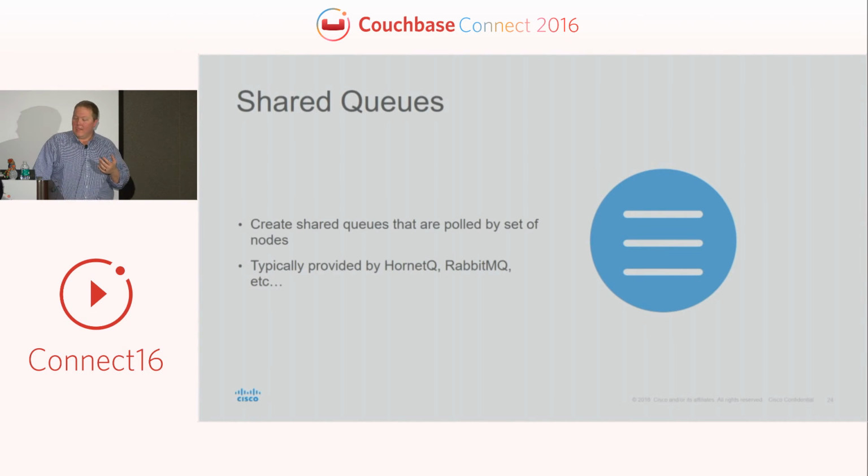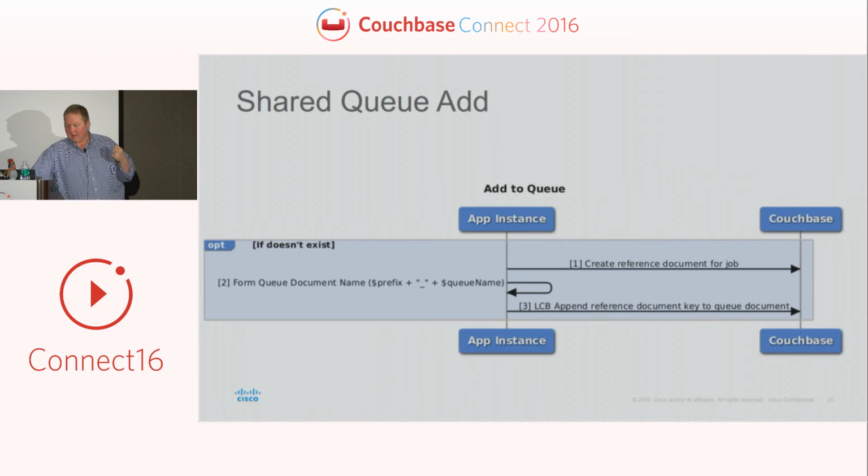Shared queues. I think this is a pretty common use of Couchbase already. You create a shared queue that's used across a set of nodes to queue up activity that's coming in that you need to handle across your set of nodes. Adding to the queue is very simple: just form the queue document name and append.